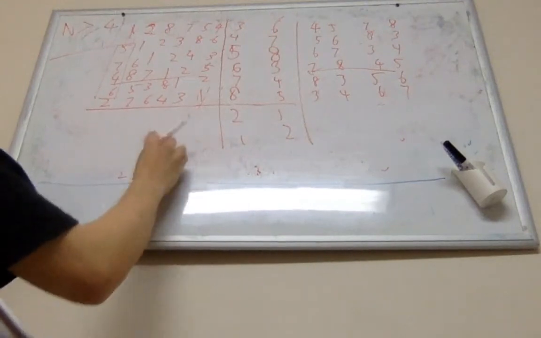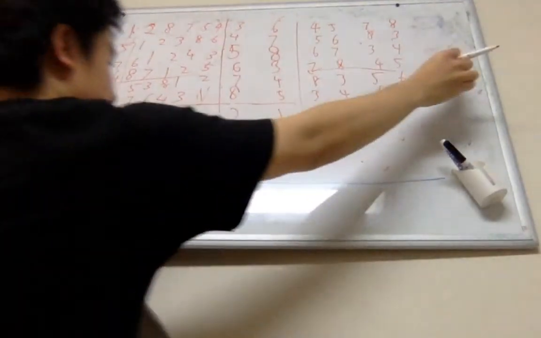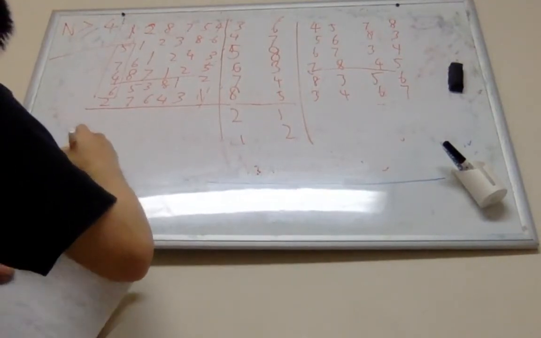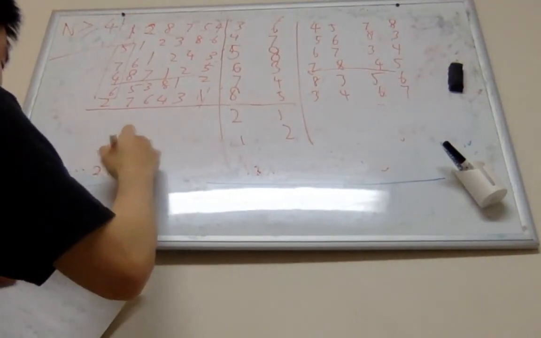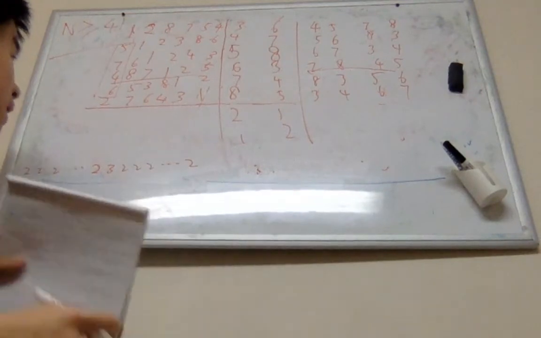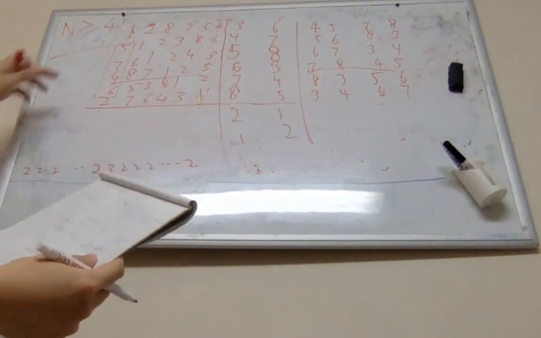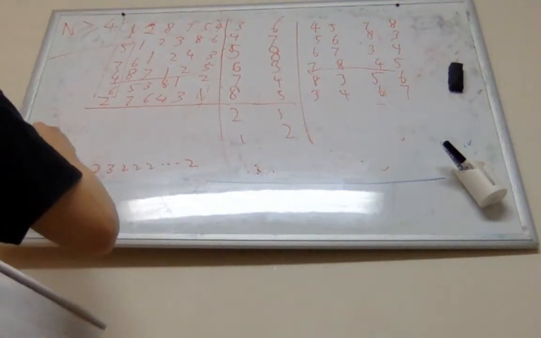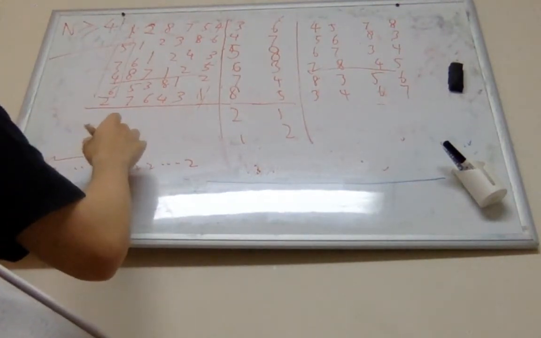If you put it in a bigger perspective, it will be 2, 2, 2, and so on, 2, 3, 2, 2, 2, 2, which means that you are guaranteed that it won't repeat itself, because this comes before it's supposed to repeat.